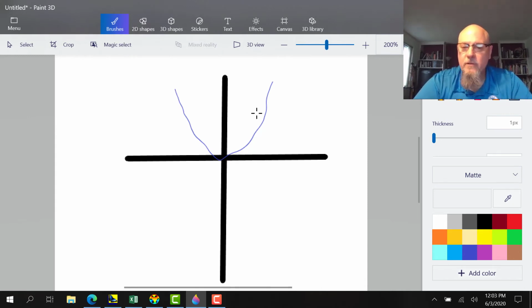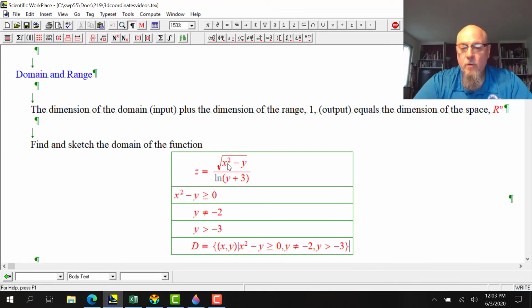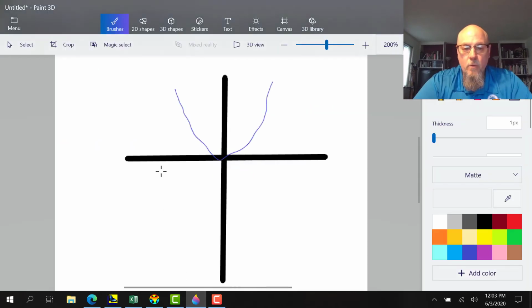So on this, the thing under the square root sign is 0. It's okay if x squared is bigger than the y, so I want to be below that curve. So on this curve and below this curve so far satisfies that first inequality.